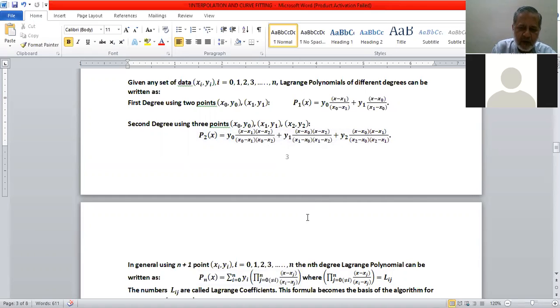And if we go for making a program, then the program is based on this algorithm, where we can find out the coefficients of the y terms known as Lij or Lagrange polynomials. That is the product of such terms, and then taking the product of these products with the corresponding y, and all such terms are then added together.